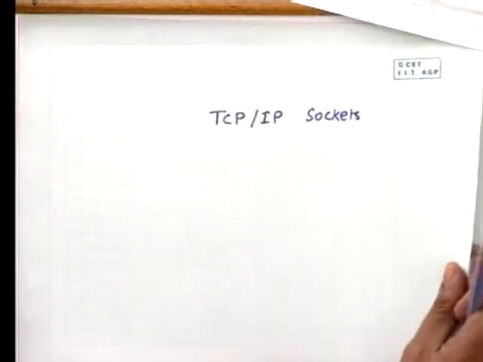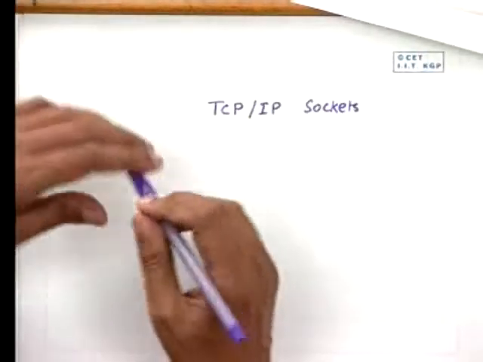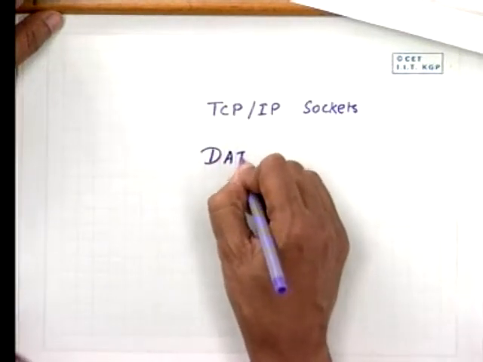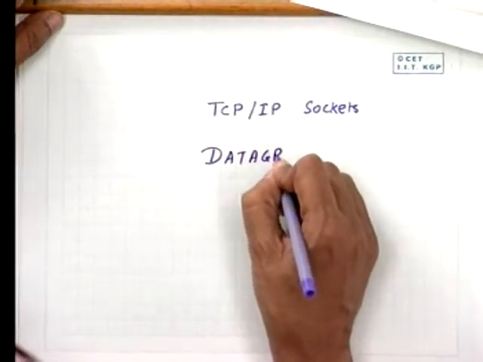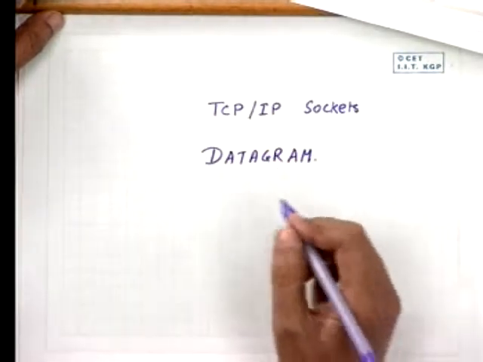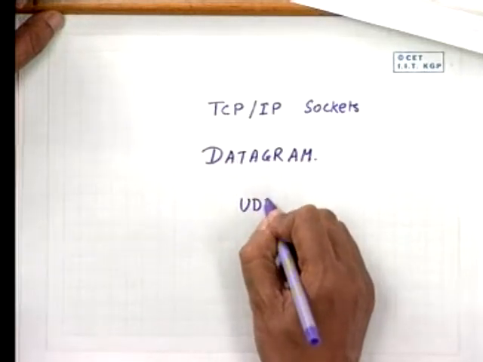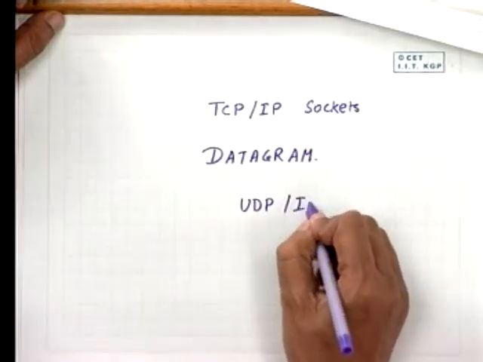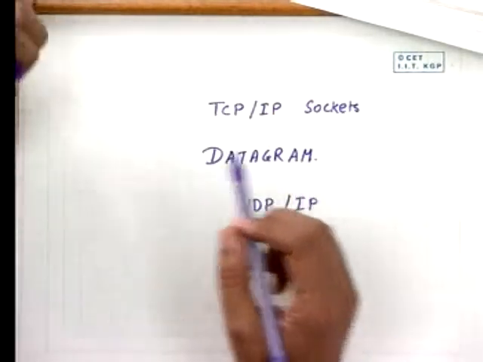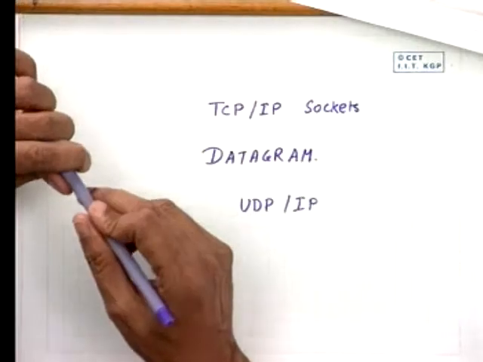As opposed to TCP/IP sockets, Java also supports what we call datagram sockets. This type of protocol is used to implement what we call the UDP/IP protocol. The only problem with UDP is that there is no guarantee that a packet will definitely be received at the destination end.